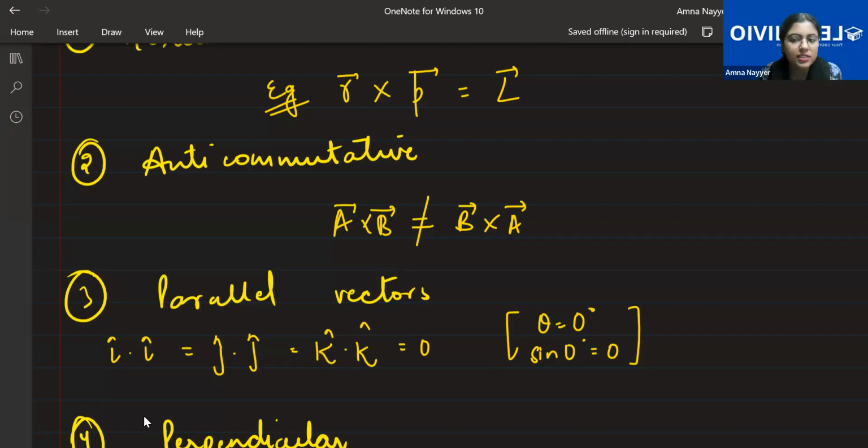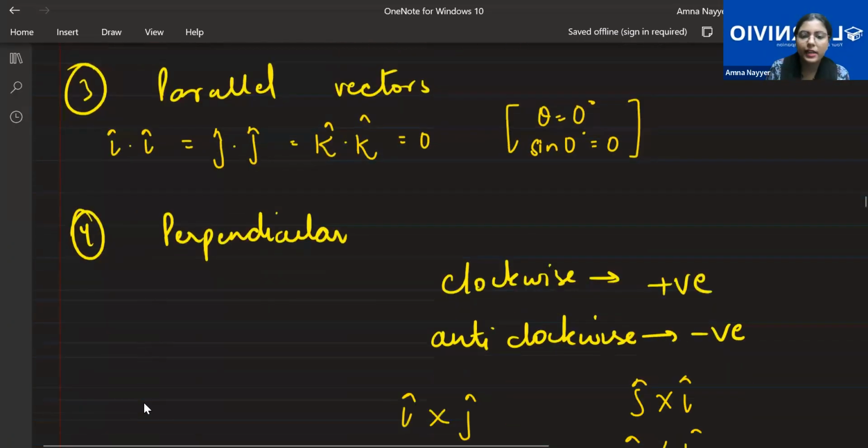Do you use cos or sine in dot? The angle between all three, i cap, j cap, k cap, will be 90. So cos 90 is 0. Zero. Yeah. So i cap, k cap, j cap, if you take their multiplication, that will be 0 there. But it won't be in this case, in the perpendicular vectors one.